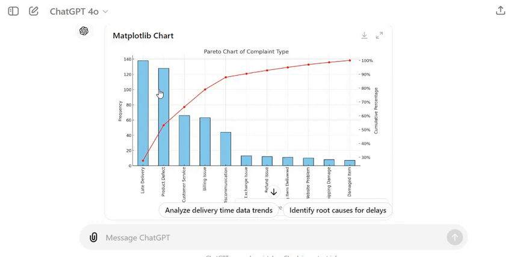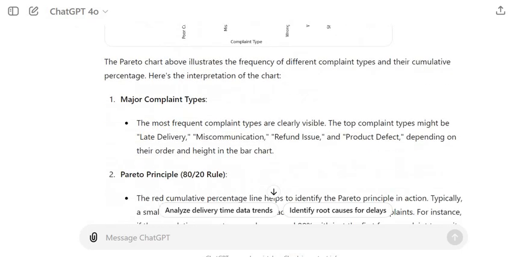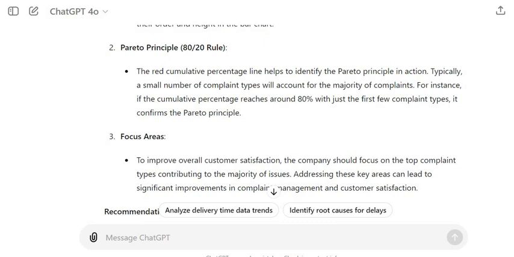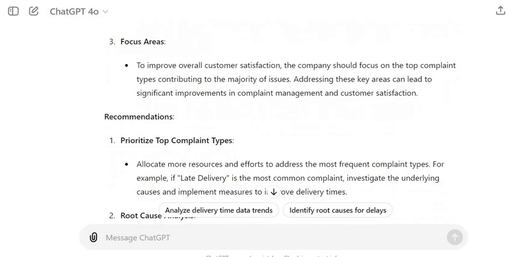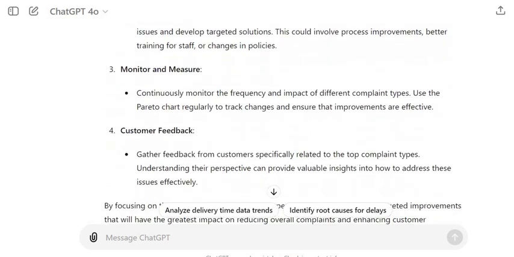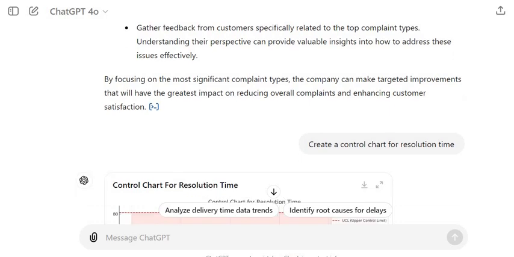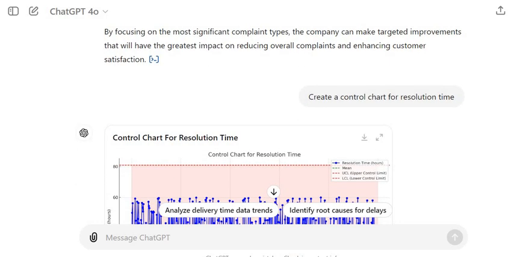If we eliminate these types of complaints, we will have reduced our total complaints by 80%. Okay. So ChatGPT also provides interpretation for this. It is called a Pareto chart after Vilfredo Pareto, who gave us the 80-20 rule, who said that 80% of the problems are caused by 20% of the issues.